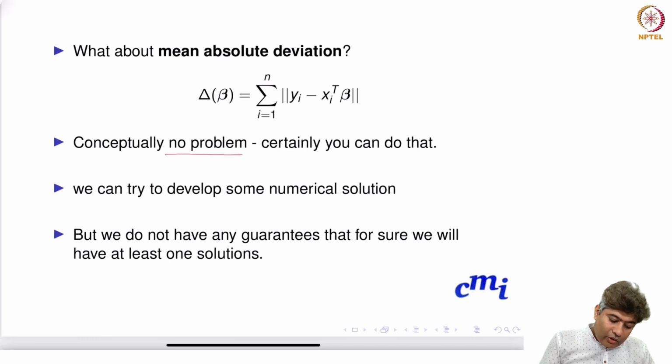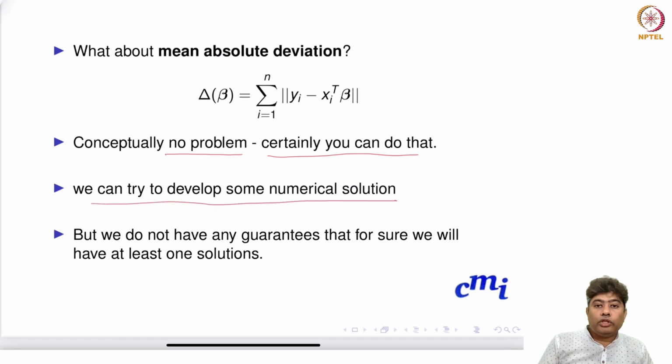Certainly you can use the mean absolute deviation. We can try to develop some numerical solution. Some numerical solution certainly can be developed. But we do not have any theoretical guarantees that for sure we will have at least one solution.